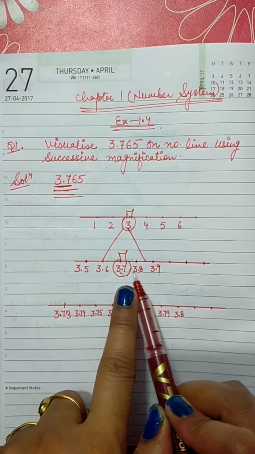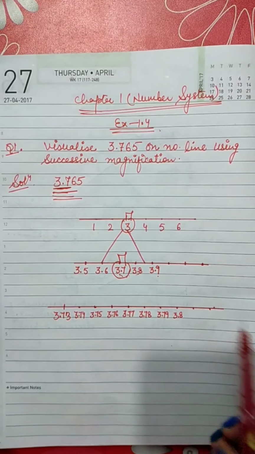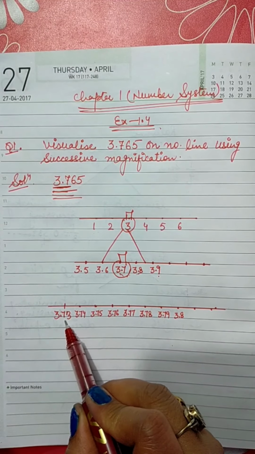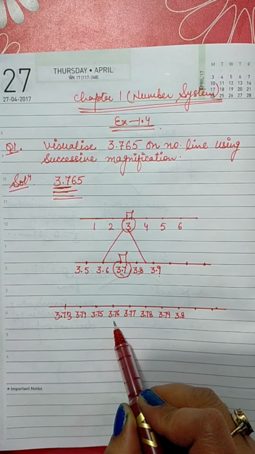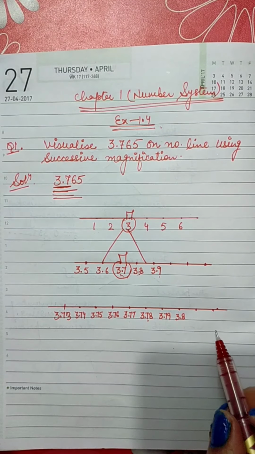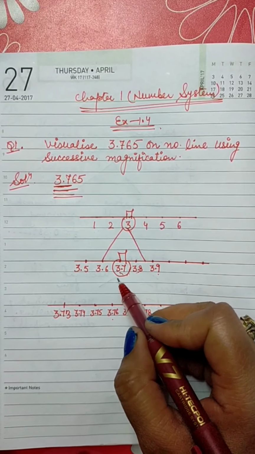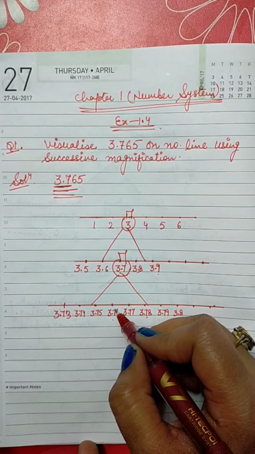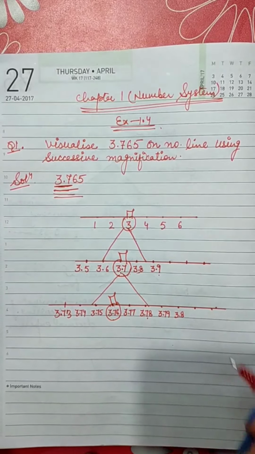If we magnify, we will be getting another number line. So now it will be having 3.73, 3.74, 3.75, 3.76, 3.77, 3.78 and so on. So we can see the required number coming under this. After magnifying this, we got 3.76.